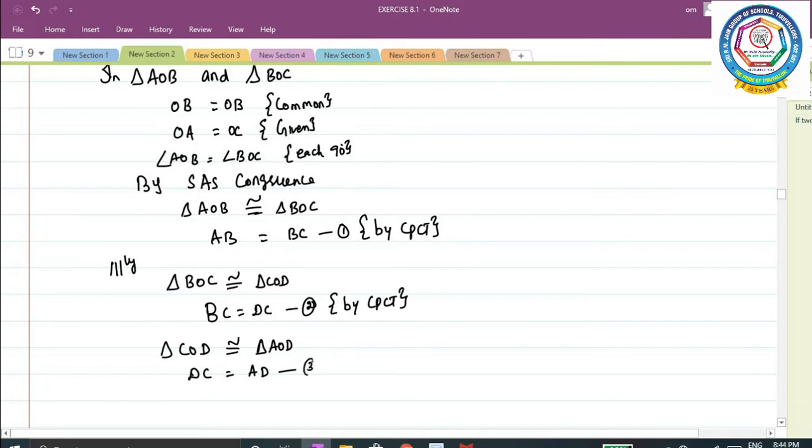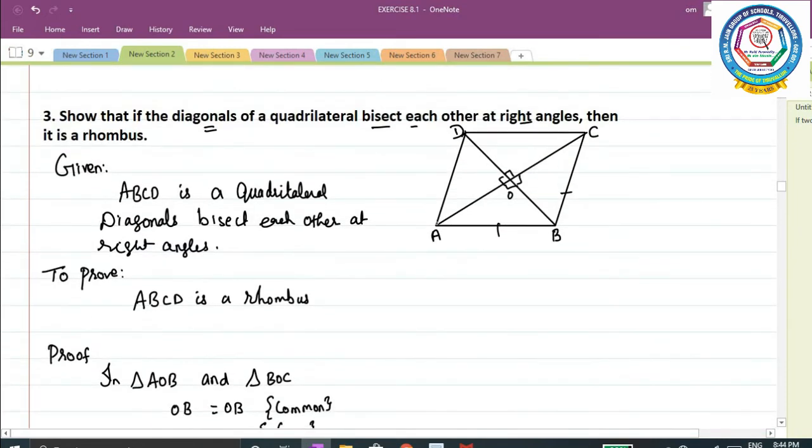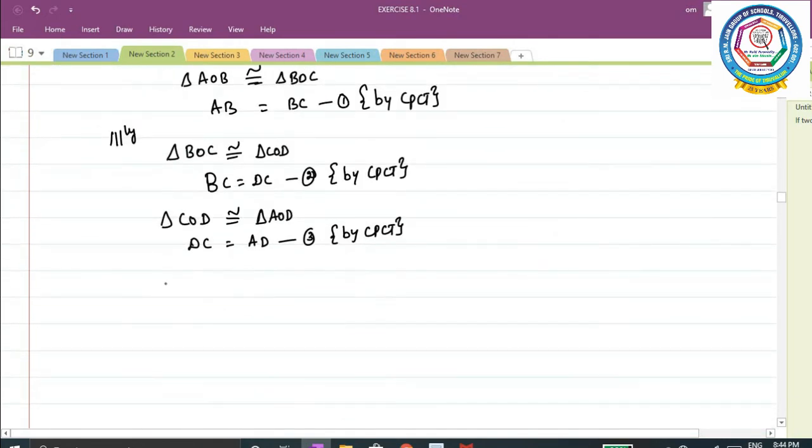This is equation 3 by CPCT. Next one, AOD and AOB. Triangle AOD is congruent to triangle AOB. So by CPCT I am going to take AD is equal to AB. This is equation 4 by CPCT.